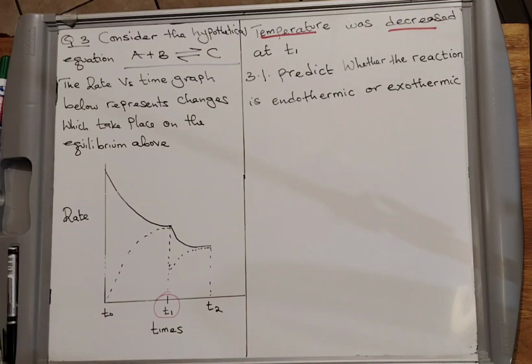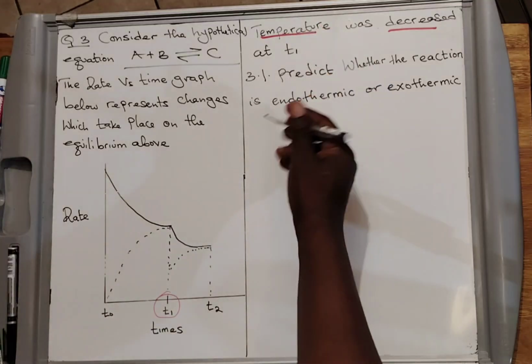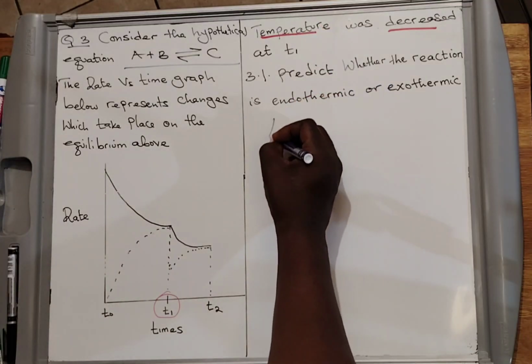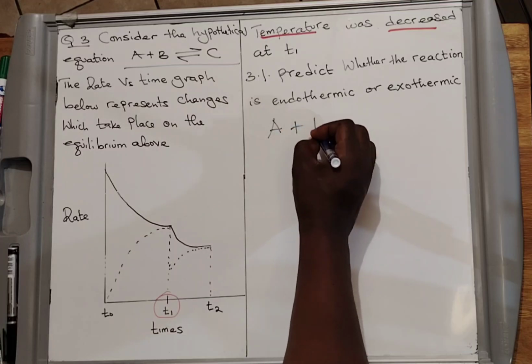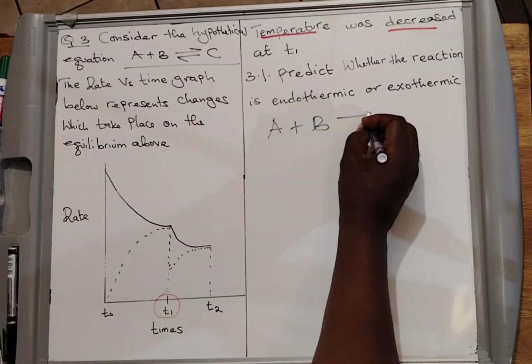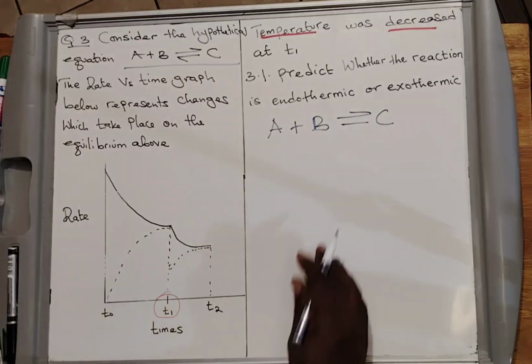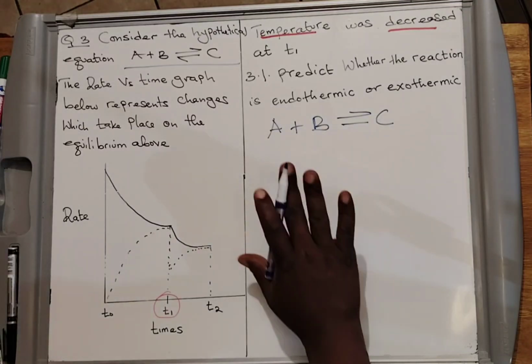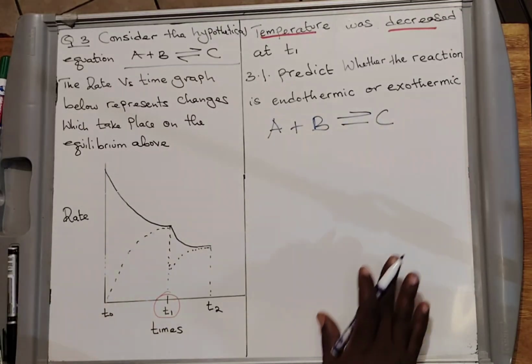So the first question says, predict whether the reaction is endothermic or exothermic. So how do we deal with this? Okay, let us look at here. Let us rewrite the equation. It is A plus B giving you C. We don't have the enthalpy change.